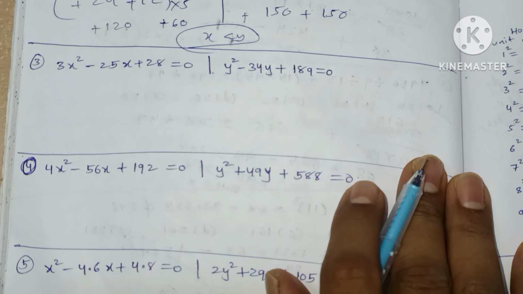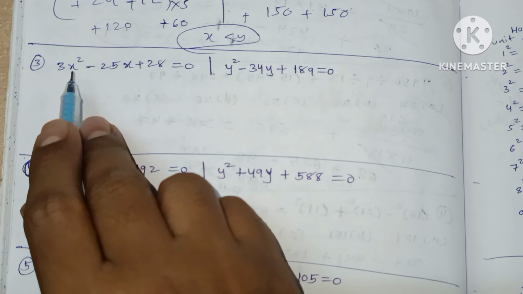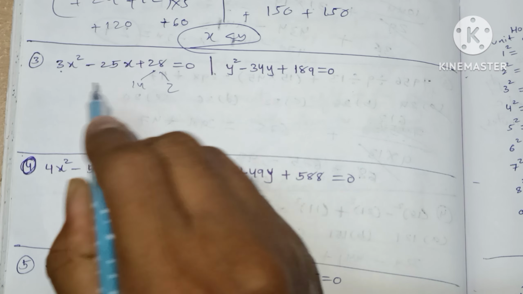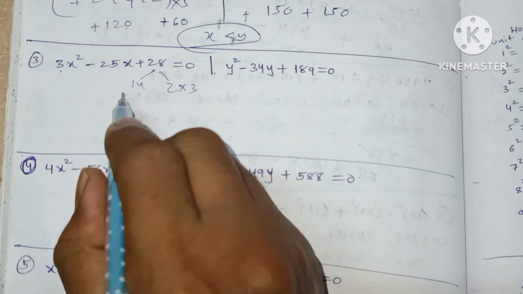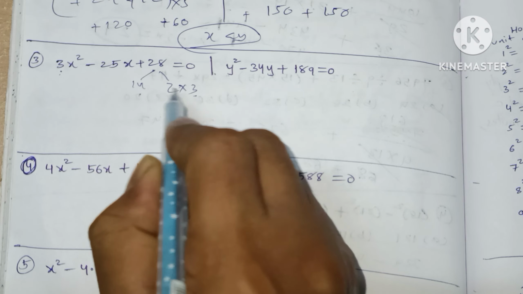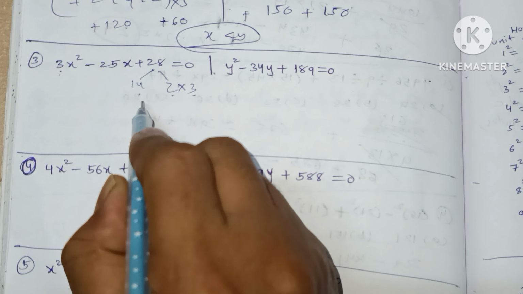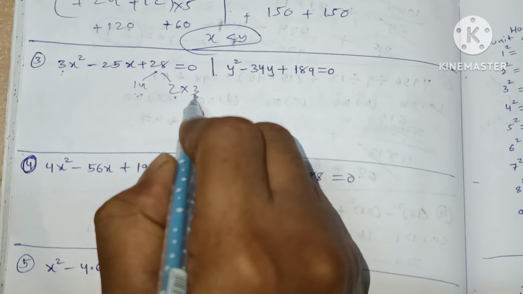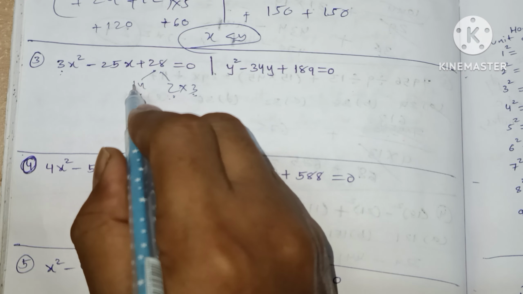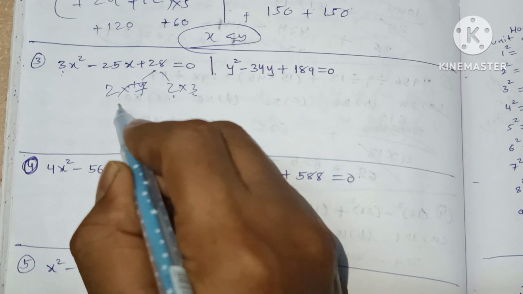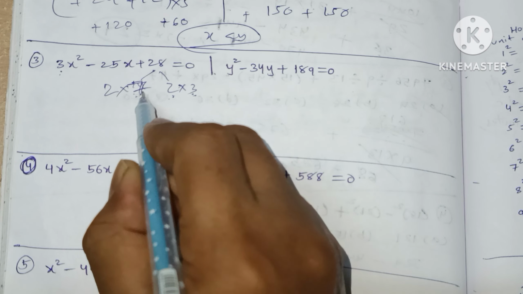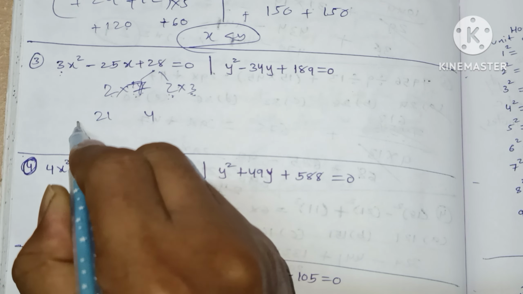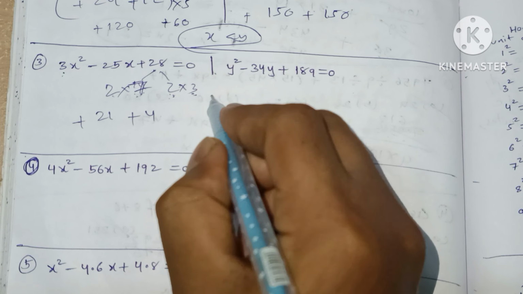Third one. Here it is 3 into 28. Let it be 14 2 times, and another 3. We have 14 and 6. Let it be divided as 7 into 2. Now 21 4 times is the roots, and roots are positive.